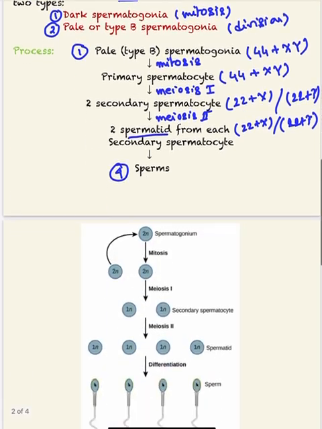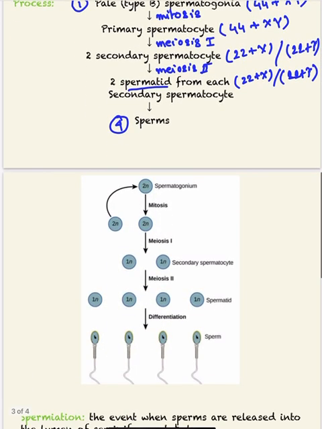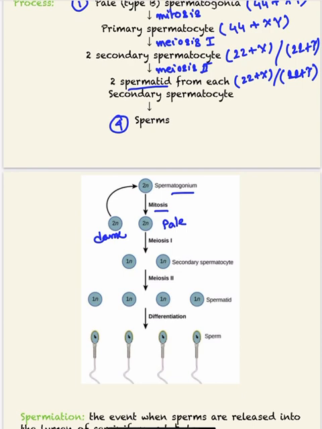Now next, this picture also depicts the same which I have told you earlier. The spermatogonia goes into mitosis and this is dark spermatogonia which replenishes the storage system, and this is pale spermatogonia which goes into meiosis.